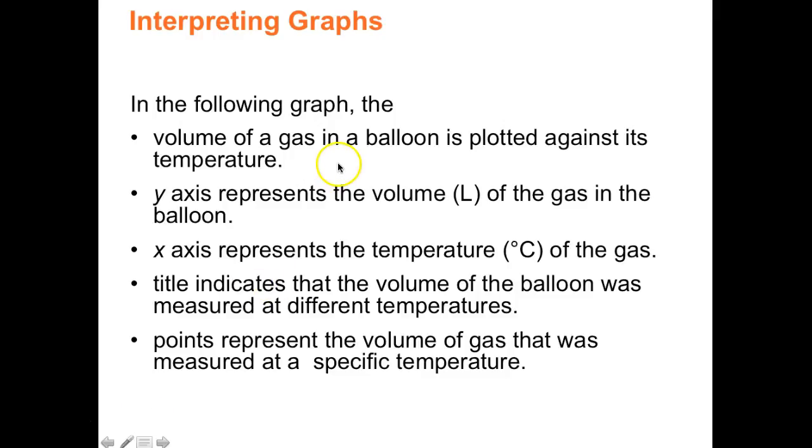The volume of that balloon is plotted in liters on the y-axis, and on the x-axis you had temperature in degrees centigrade.